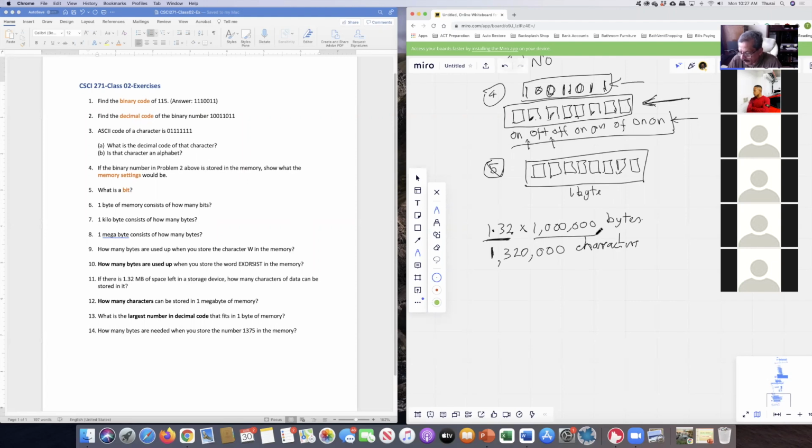Because this is how many megabytes we have, and every megabyte is 1 million bytes. So if you just multiply by 1 million, that'll give you the number of bytes there are. And so there are 1,320,000 bytes in there, which means that many characters can be stored. Every byte is good for 1 character.